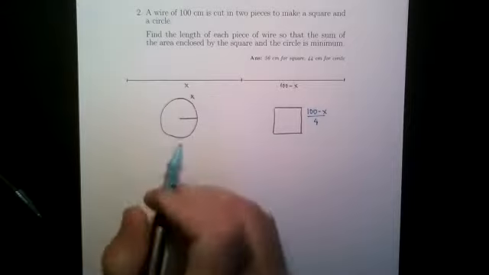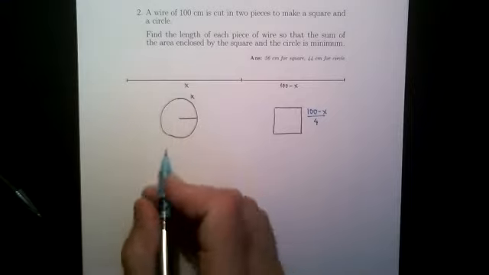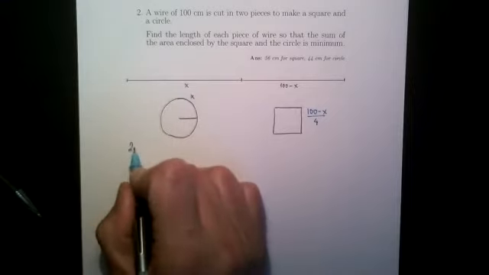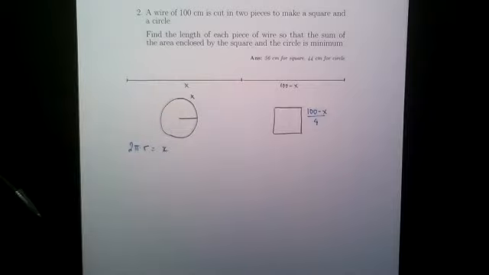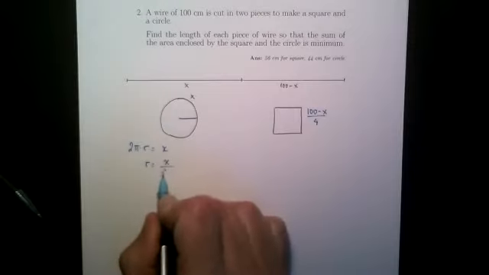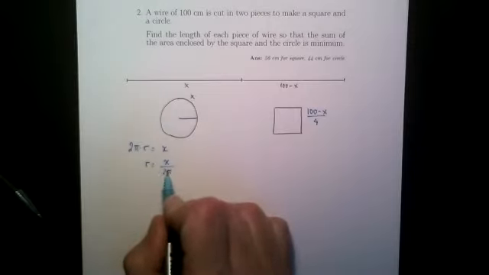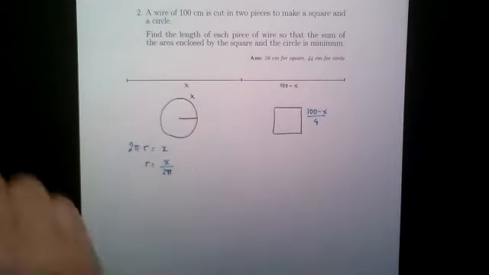And here I'm going to try to find the radius because I'm going to need it to find the area. So I know that 2 times pi times the radius has to equal x. And therefore, the radius here is equal to x divided by 2 pi. Is this okay so far? Okay, let's go.